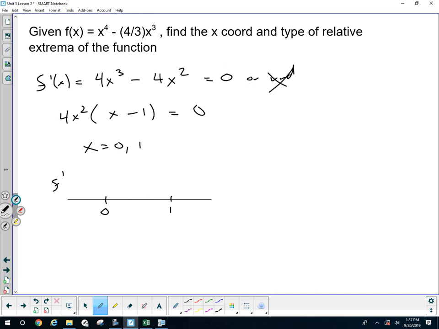Since I had 4x squared factor out, 0 is a critical point. Because I'm squaring things, 0 squared, or a negative value squared, is a positive. Keep that in mind. If I plug in 2, positive times a positive, okay. If I plug in a half squared, positive, sure. A half minus 1 is a negative.